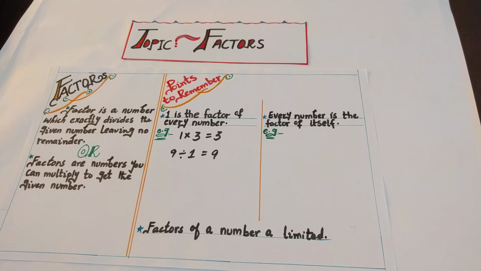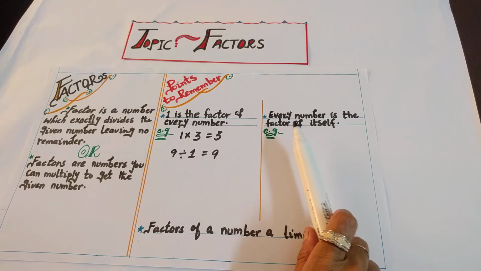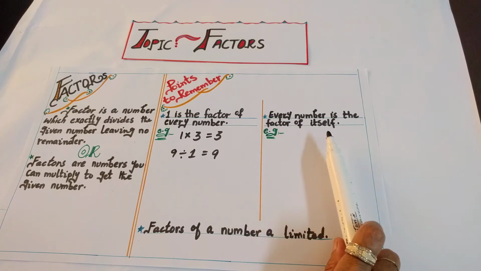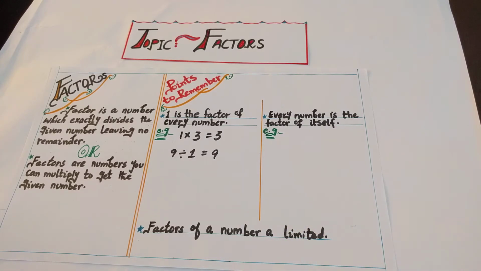Second point is every number is a factor of itself. Meaning the given number is a factor of itself, because every number divides itself. Let's take an example. We know 4 ones are 4.